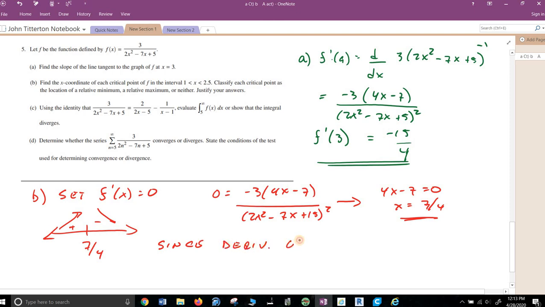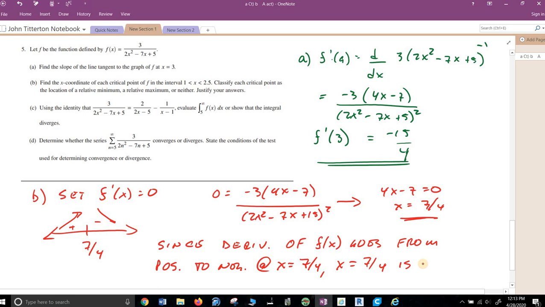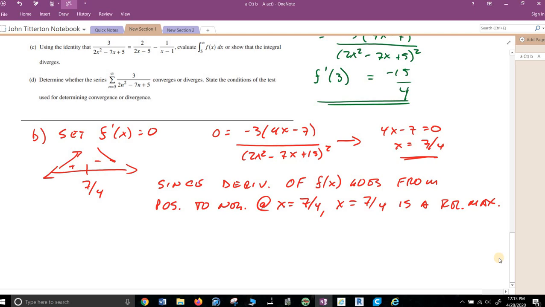The derivative of f of x goes from positive to negative at x equals 7/4. x equals 7/4 is a relative max. Hope I left enough room.